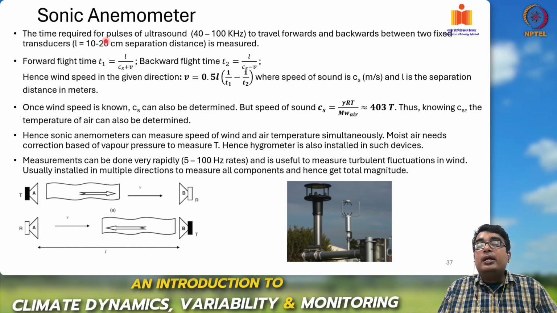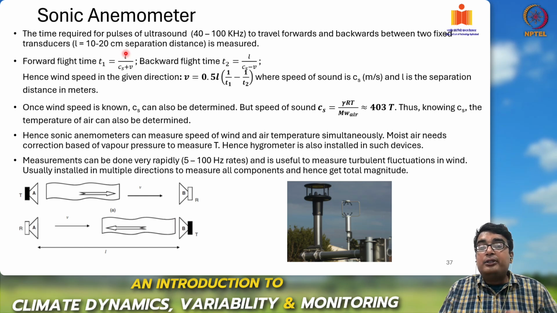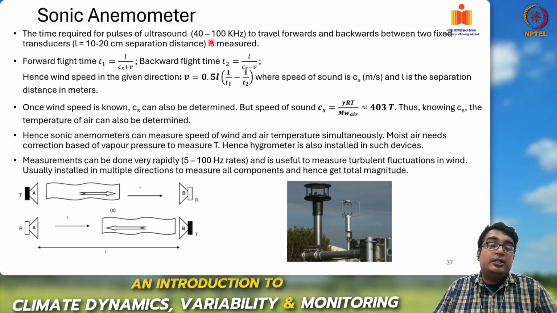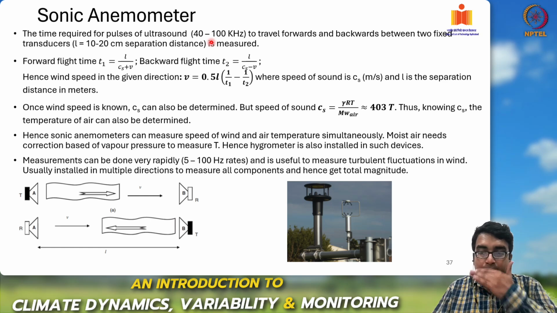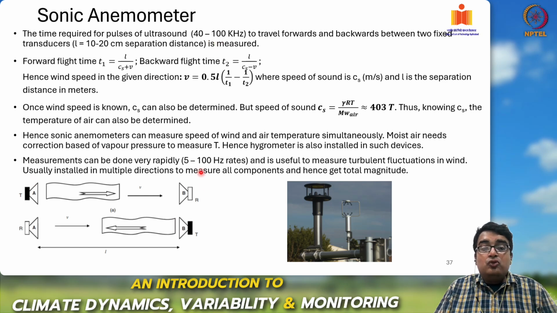So here what we are trying to find is the time required for the pulses of ultrasound emitted at 40 to 100 kilohertz to travel forwards and backwards between two fixed transducers. These two are separated by a distance of around 10 to 20 centimeters.